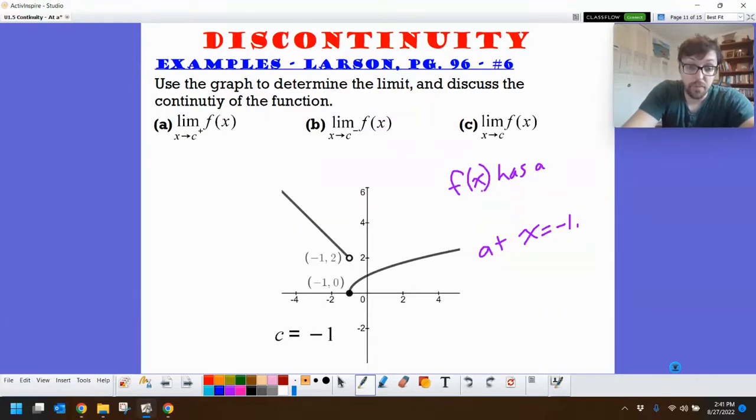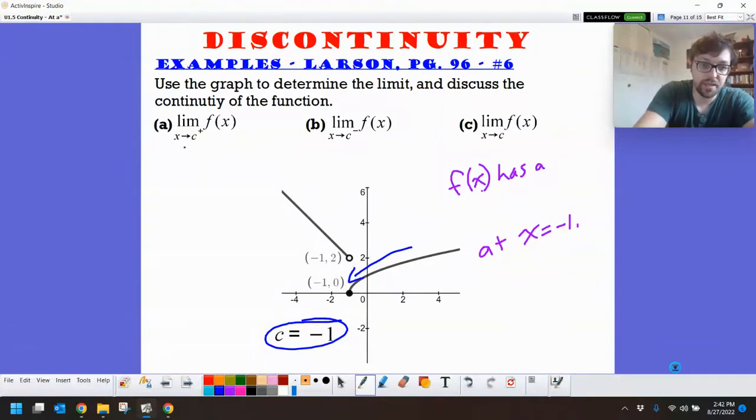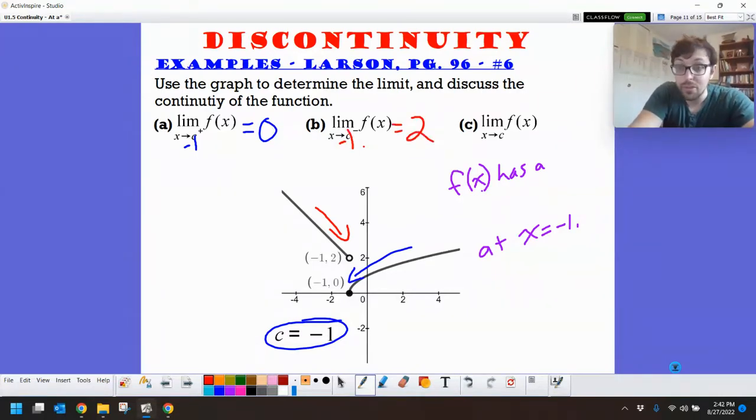In this example, we want to see what's going on as we head towards -1 and check it for continuity. As we come in from the right, we can see as x is approaching -1 from the right, we are heading towards 0. As we come in from the left, this function is approaching -1. It is heading towards 2. Dang it, those two things are not equal to each other. 0 and 2 are not the same thing.